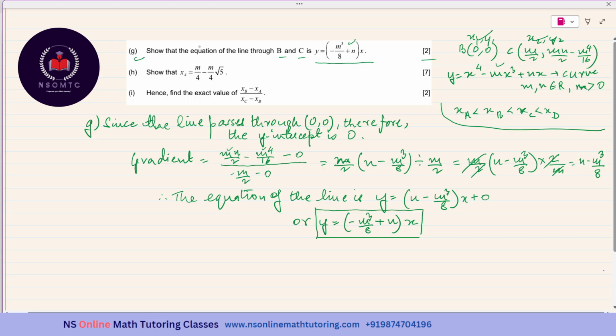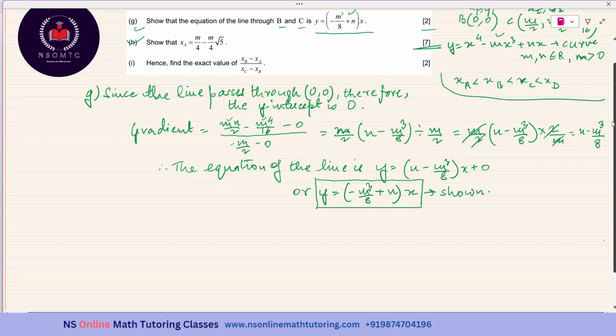Okay, shown. Okay, h. Show that the x-coordinate of the point E is m over 4 minus m over 4 times root 5. It is containing 7 marks. Okay, so we have to do this.